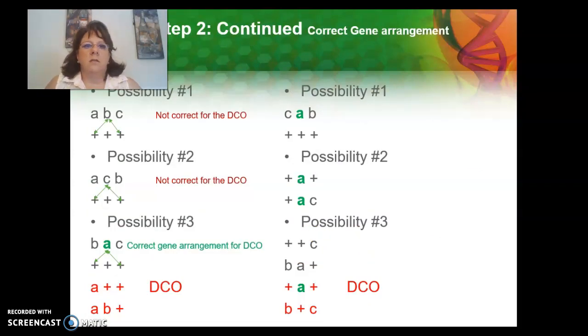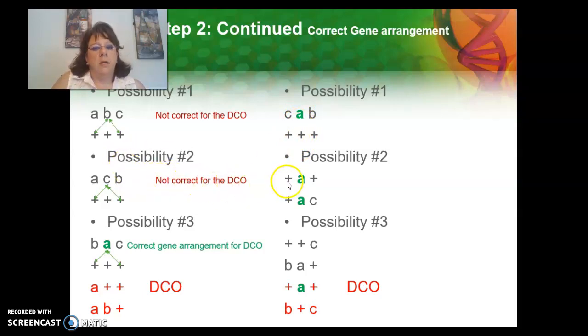This slide is step 2 continued of the correct gene arrangement. Basically I took possibility 1 and arranged the 3 so that the A would be in the center.